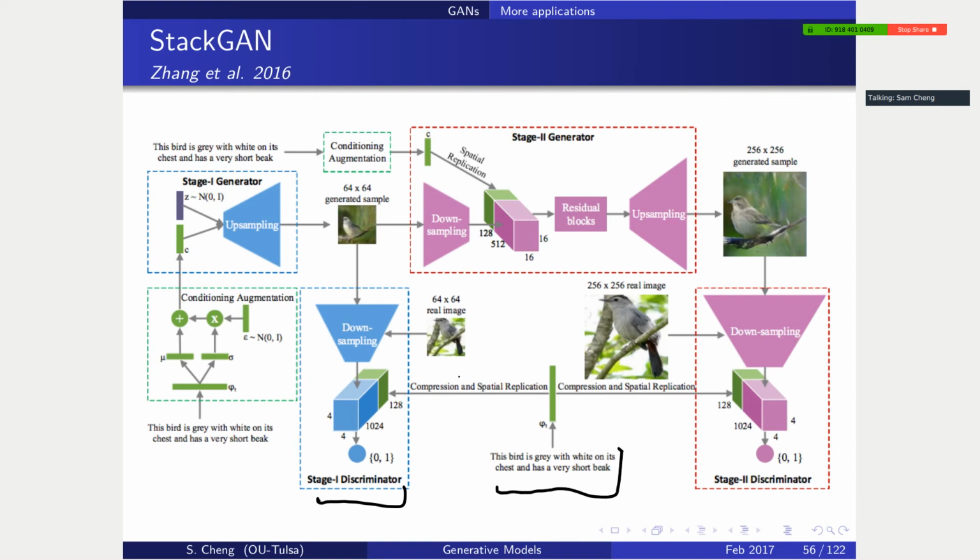They also want to make sure there's an additional loss for whether your image actually matches the sentence description. Then you take the current image and the sentence embedding and generate a higher resolution image, and continue. Of course, you can add more layers, but this one only has two, and then you have a high resolution image that goes to a discriminator again.